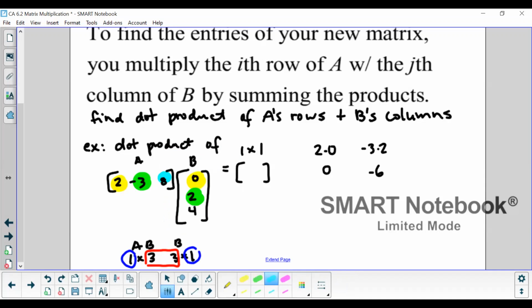And then the third entry in A times the third entry in B, which is 8 times 4, which is 32. Now, that's 3 numbers, but I just told you that the answer matrix is a 1 by 1. So the dot product is multiplying corresponding entries and then adding them together. So 0, -6, 32 is 26. And so that's my answer here.